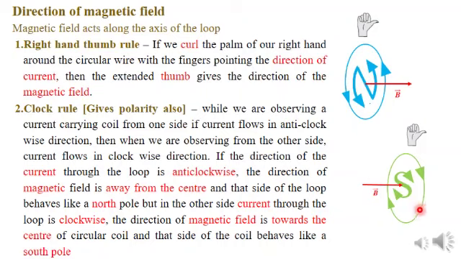If the direction of current through the loop is anti-clockwise, the direction of magnetic field is away from the center and that side of the loop behaves like a north pole. But on the other side, current through the loop is clockwise. Thus, the direction of magnetic field is towards the center of the circular coil and that side of the coil behaves like a south pole.